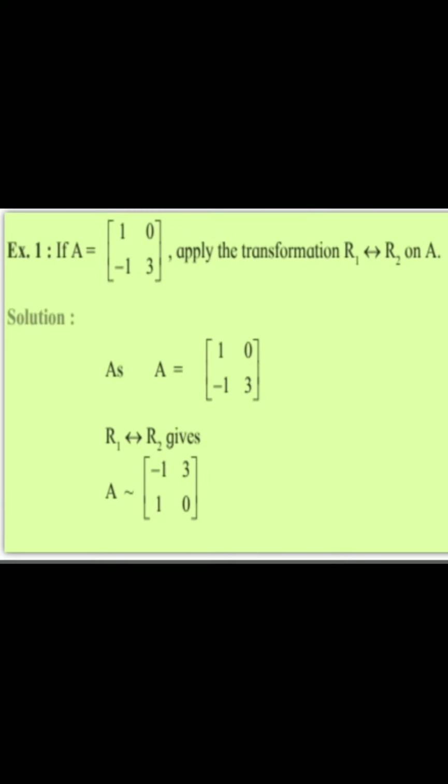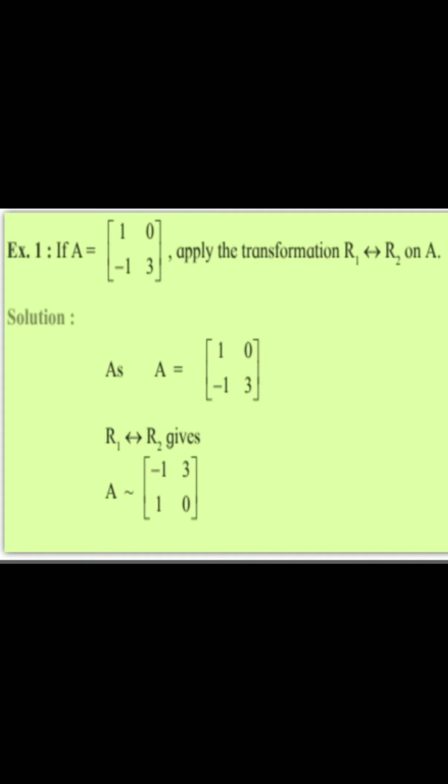Let us next solve one example. If matrix A is equal to [1 0; -1 3], apply the transformation R1 interchange to R2 on matrix A. Solution: A is equal to [1 0; -1 3].